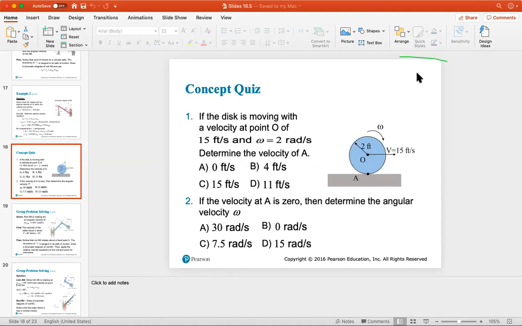When you have an object that rotates without slipping, the forward absolute velocity is the same as the tangential speed, or velocity of a point that follows along on the rim, and that's going to be r omega. So V equals r omega, and r is 2, so you're just going to get 7.5 radians per second. Again, it depends on your coordinate system. I would have called it negative 7.5, but that's okay.